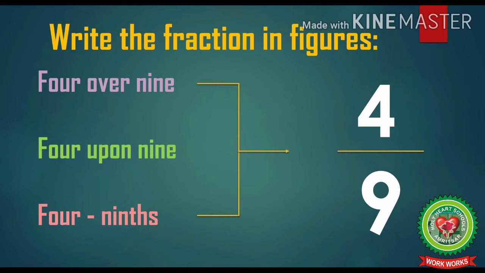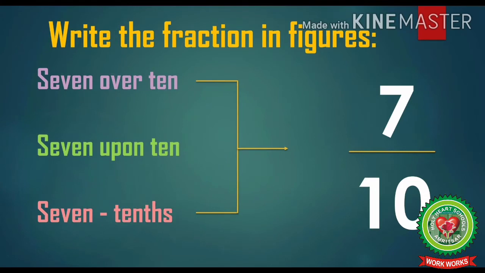So, for 4 over 9 or 4 upon 9 or 4 ninths, the answer will be written in this way. 4, then the division line, then 9. So, in this example also, for 7 over 10 or 7 upon 10 or 7 tenths, the answer will be the same. The answer will be written in this way. 7, then the division line, then 10.